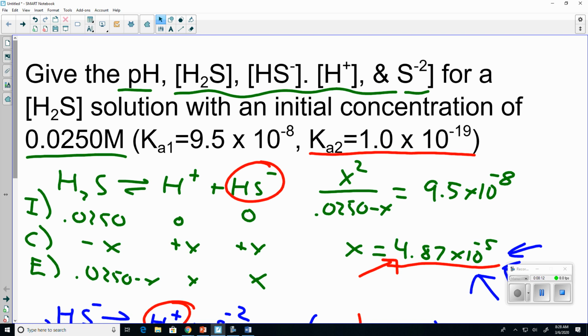the one thing that you would not have been able to solve for very well is this guy right here if you only did one step.